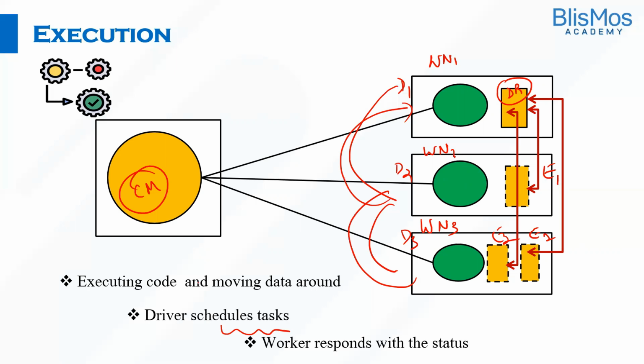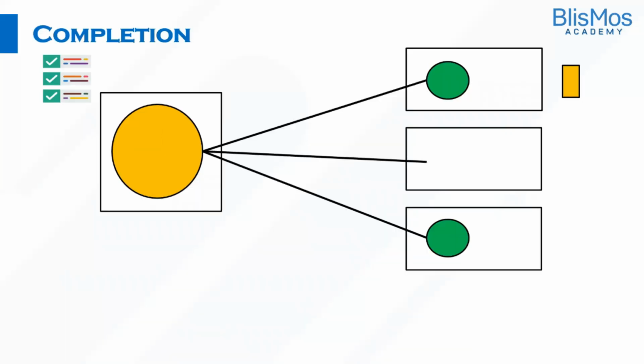The driver schedules the tasks, executors execute the code by moving the data around, and once the work is done, executors or workers respond to the driver with the status. Is it fail or is it success? Now that the distributed processing of the data is completed, the Spark application you have written has executed its code across the executors in different worker nodes.